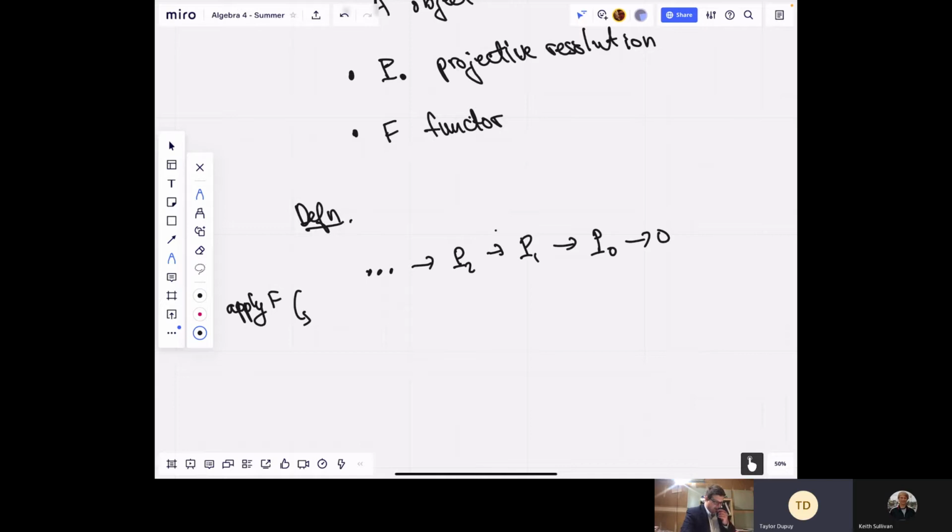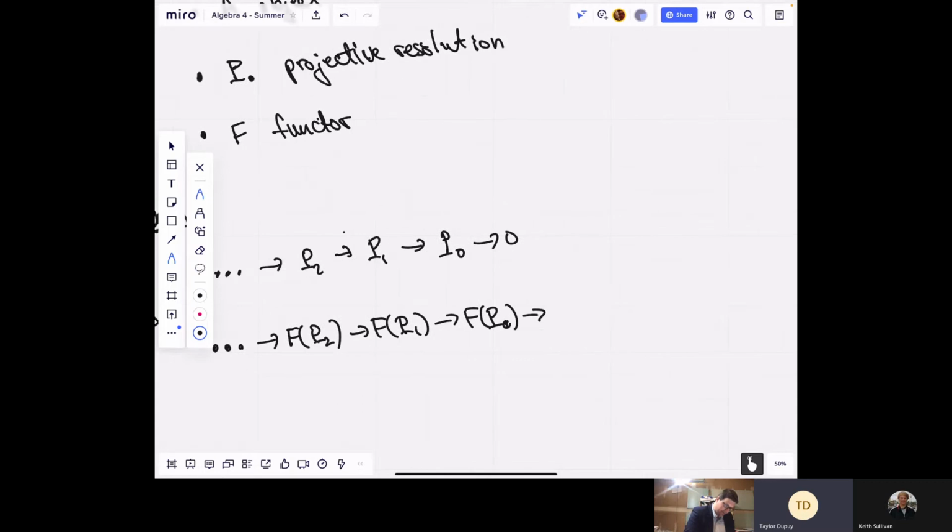After applying F, it may not take injections to injections or surjections to surjections, and it gets messed up. So we apply F and we get a thing here. F of 0 needs to be 0, that's one of our properties, and this keeps going.